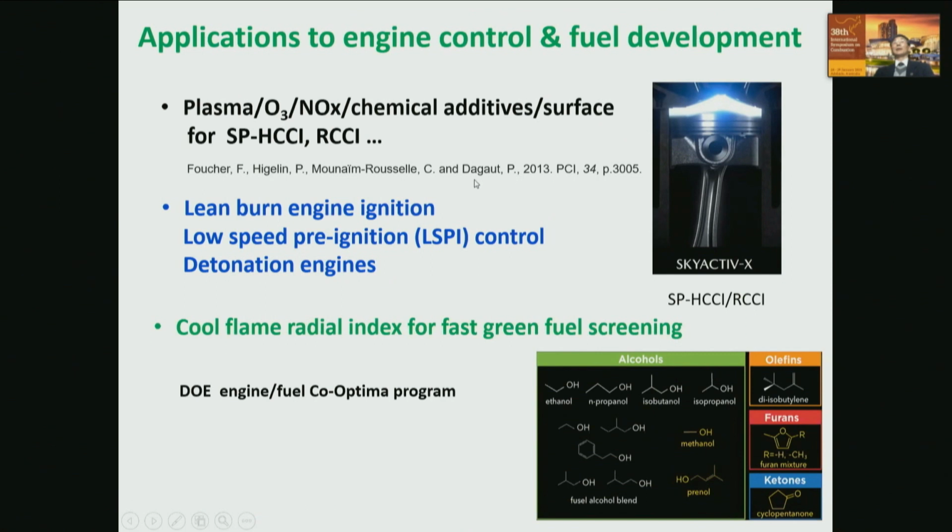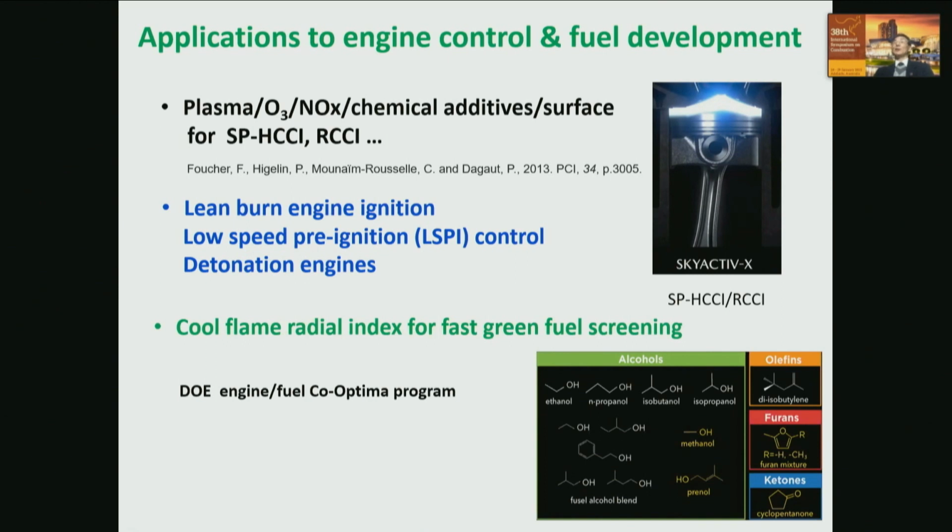A paper by Philippe Dagaut many years ago showed that ozone addition into an engine actually changed the combustion characteristics. And also for lean burn engines, low speed pre-ignition engines, and even detonation engines, it's important how we control the coupling between the pressure waves and the ignition.